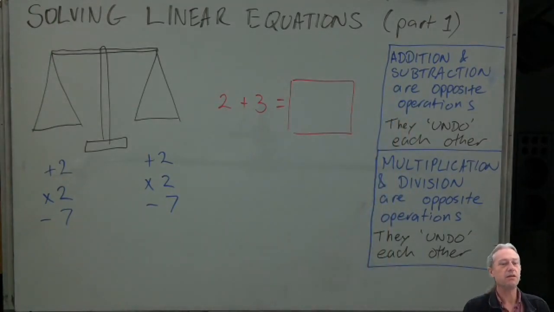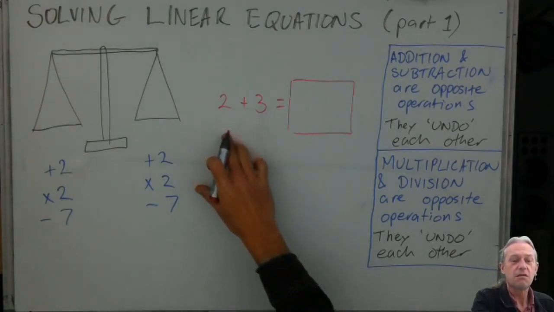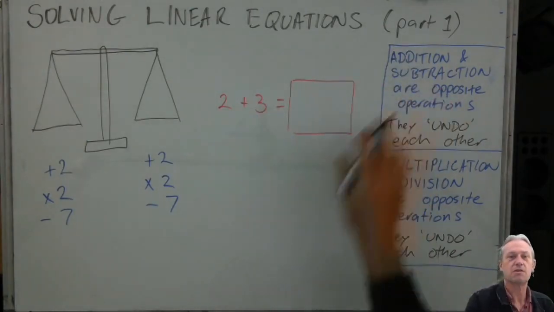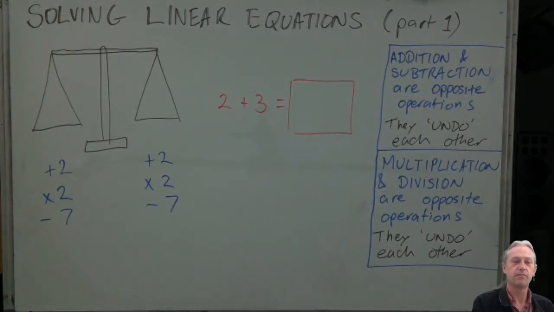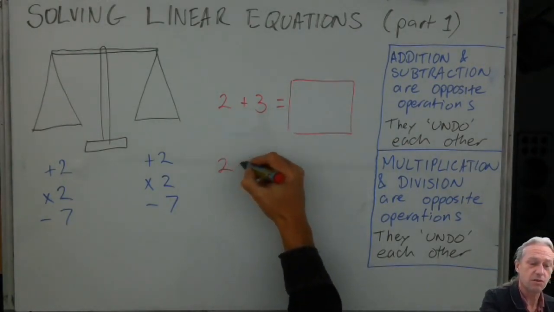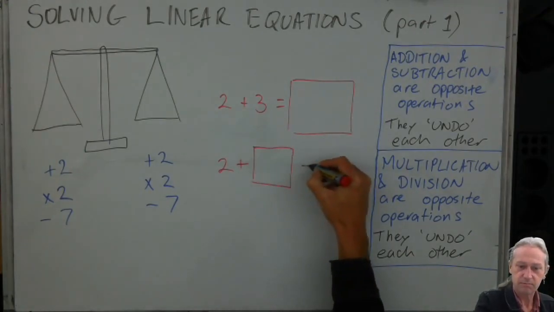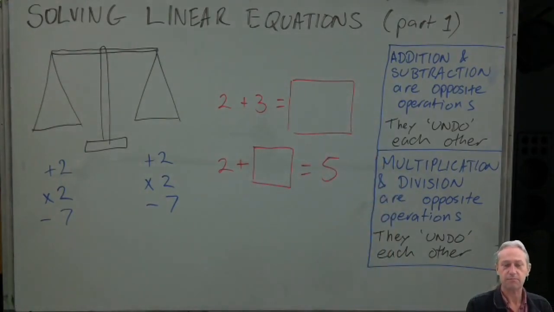And the only thing that is new in this, dare I say the word, algebra side of things, is the thing we don't know isn't necessarily on one side of the equals. So we know this equals 5, so we could write 2 plus empty box equals 5.